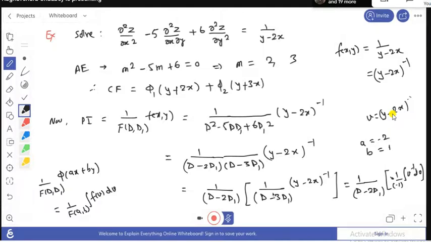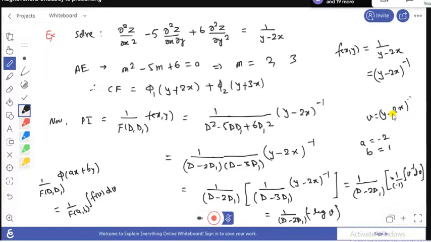Okay, so if you solve this integral, this becomes 1 by v dv, that equals to log v, and the minus sign is there. Or you can write minus of log v.